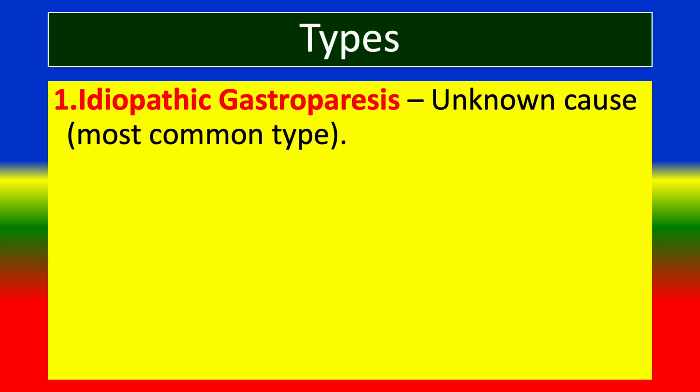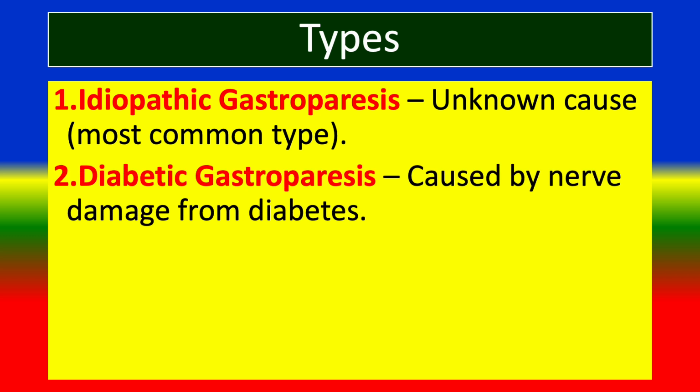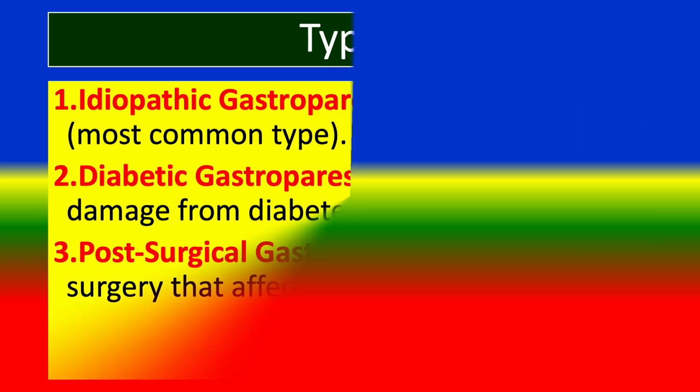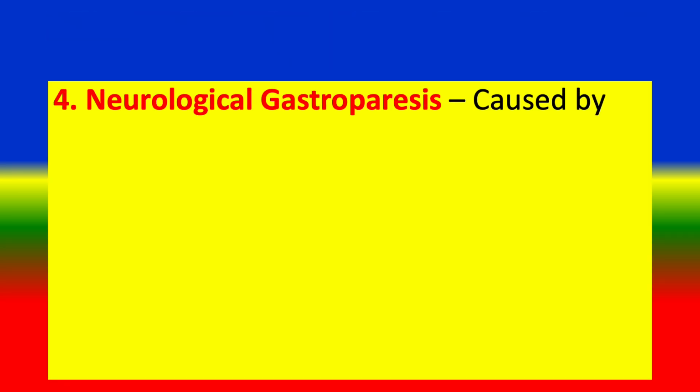Types. 1. Idiopathic gastroparesis: unknown causes, the most common type. 2. Diabetic gastroparesis, caused by nerve damage from diabetes. 3. Post-surgical gastroparesis, occurring after surgery that affects the vagus nerve. 4.